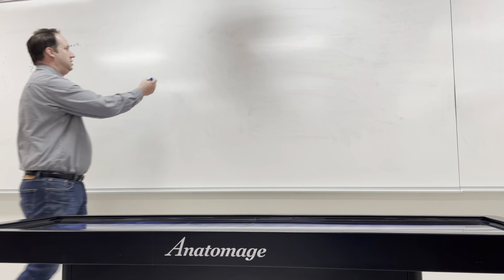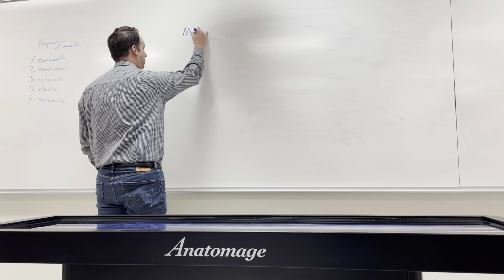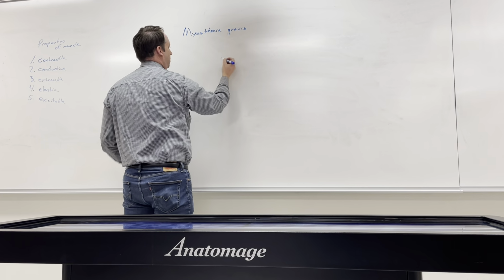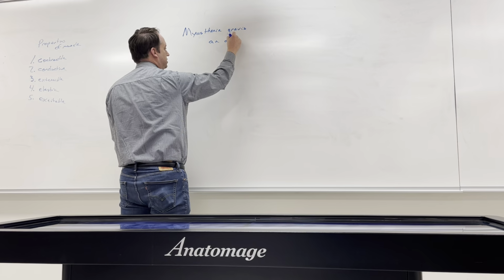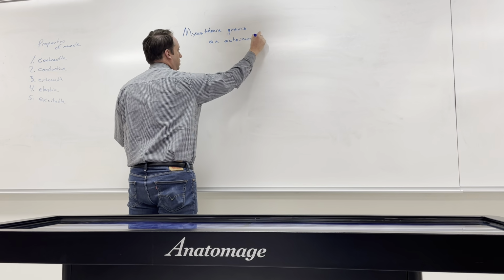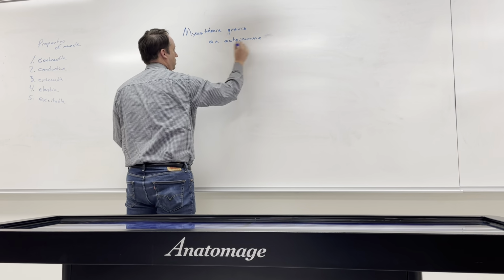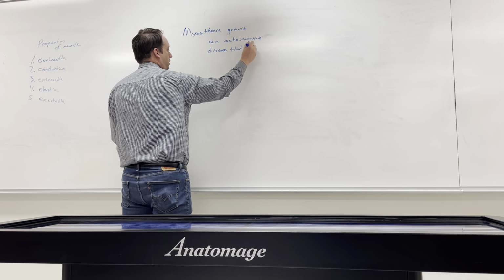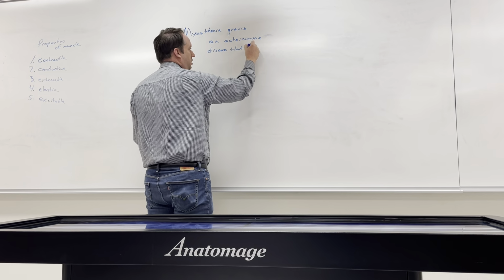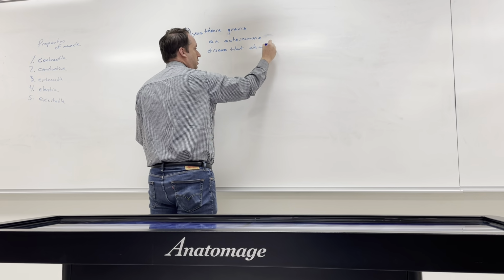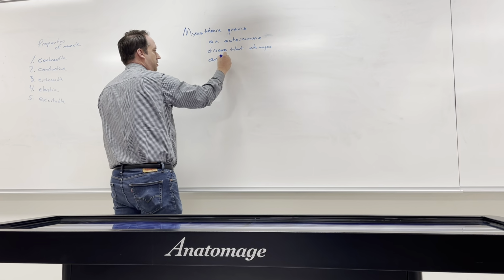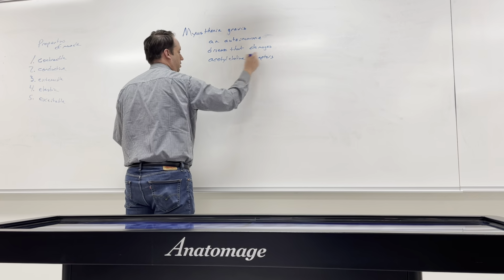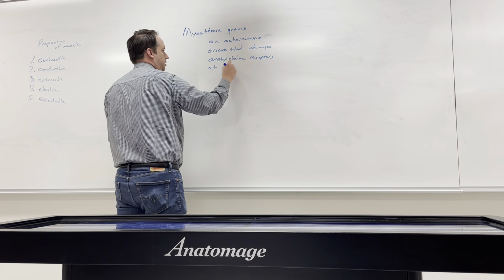So a good example of this is myasthenia gravis. Now, myasthenia gravis is an autoimmune disease that damages the acetylcholine receptor at the neuromuscular junction.